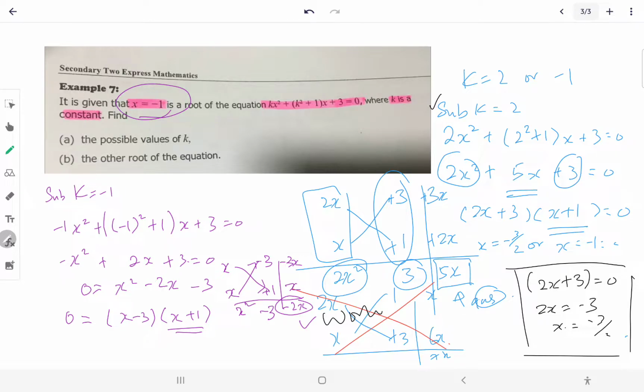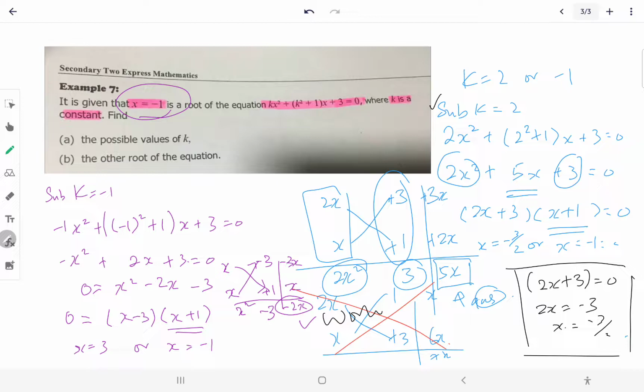So the other root of the equation is either 2x plus 3 or x minus 3, because both will give you the x equals to minus 1. So therefore x equals to 3 or x equals to minus 1. Okay, so this is the other root of the equation.